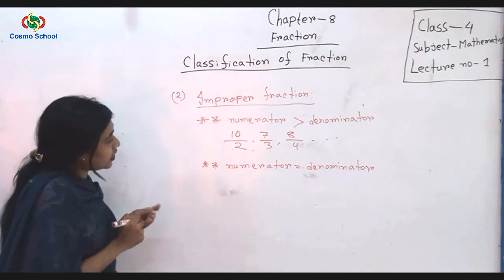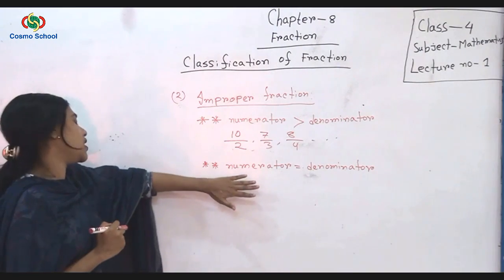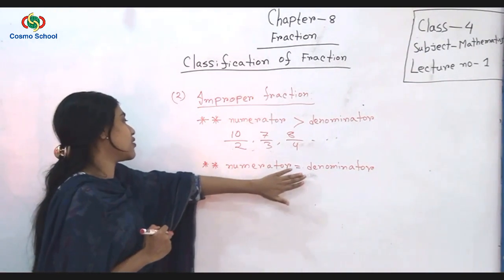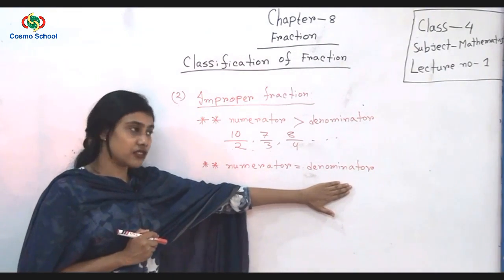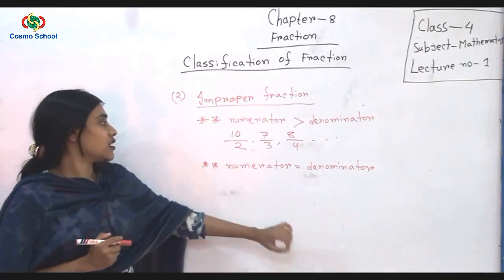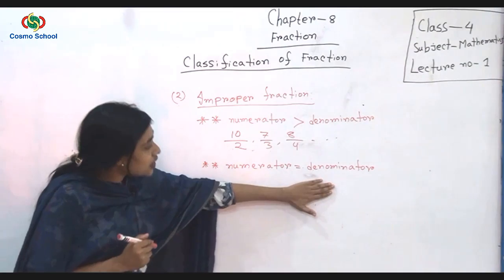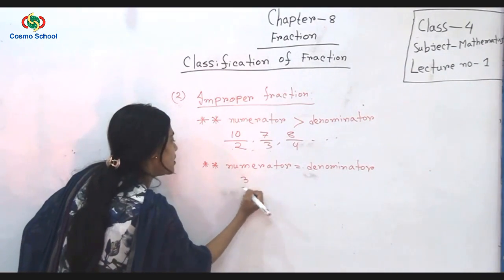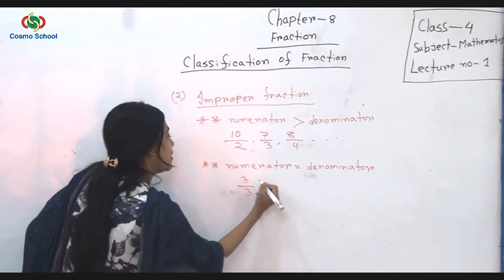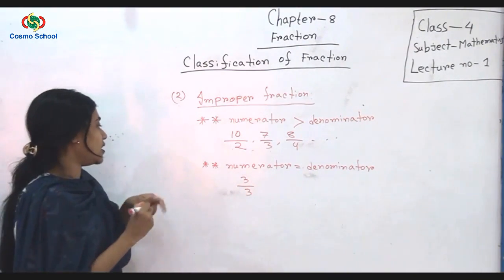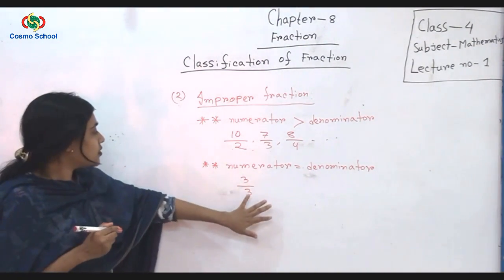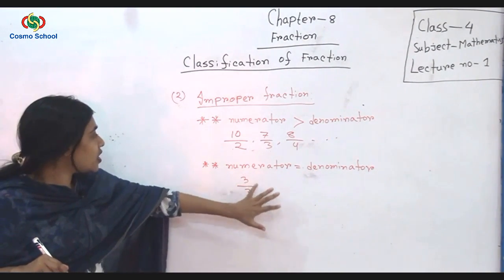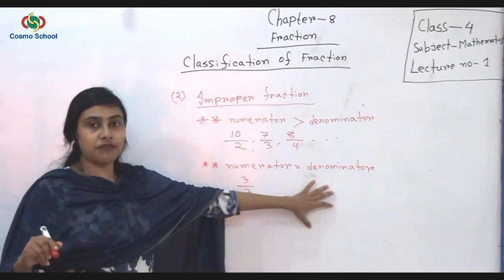In the second condition, a fraction in which the numerator is equal to the denominator is also called an improper fraction. To understand it, I will give an example, 3 divided by 3. Here 3 is the numerator and 3 is also the denominator. The numerator and denominator are the same.